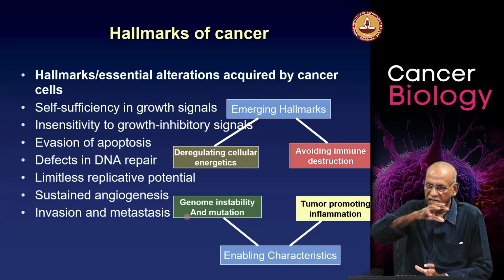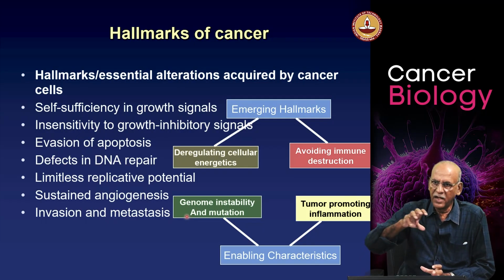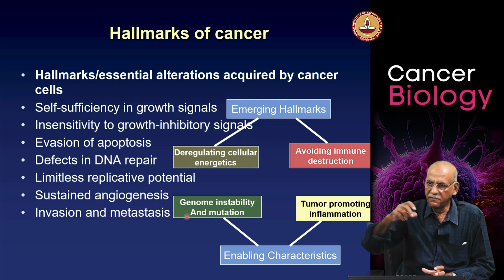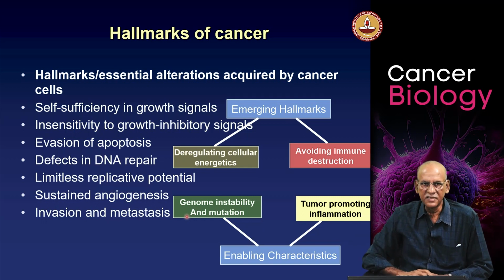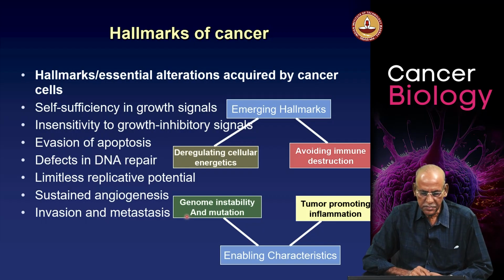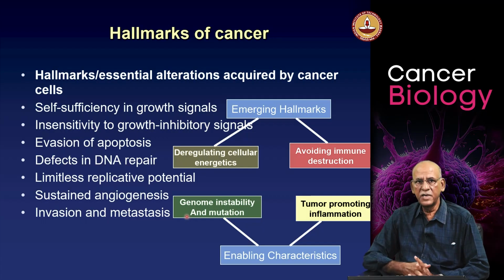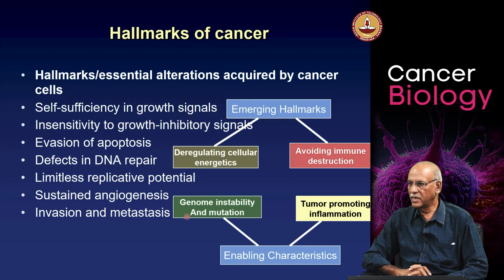So, when this transformation takes place, where a normal cell gets converted to a cancer cell, there are 6 essential physiological alterations. Number 1, self-sufficiency in growth signals. There is another fundamental thing that I want you to understand.